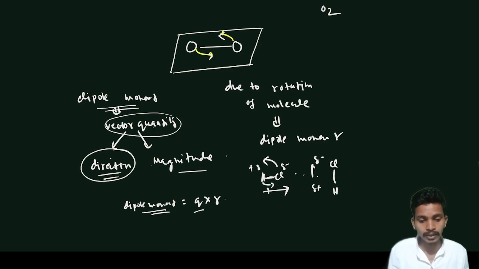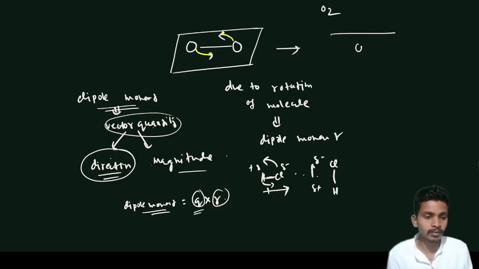Here, the dipole moment changes due to the change in direction, not due to the magnitude, since both q and r are the same. Whenever the molecule is rotating, after rotation the molecule becomes like this, and again it will rotate.